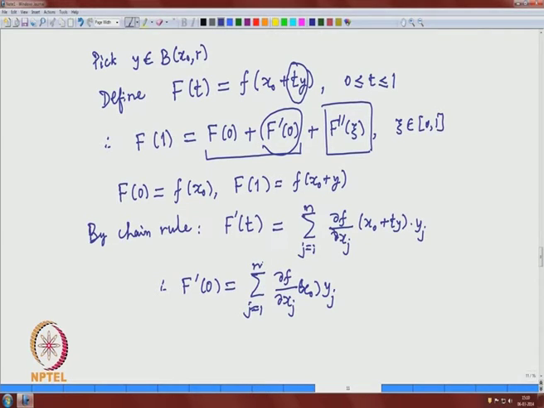and this you can write in the notation of gradient. So, this is gradient of f at x 0 dot y. This is a vector and that is a vector, so this is a scalar product. Okay.